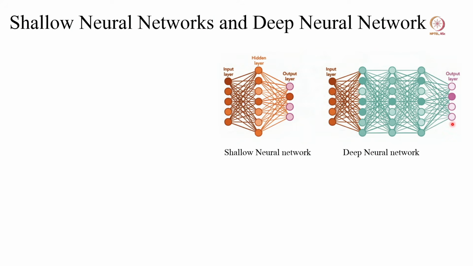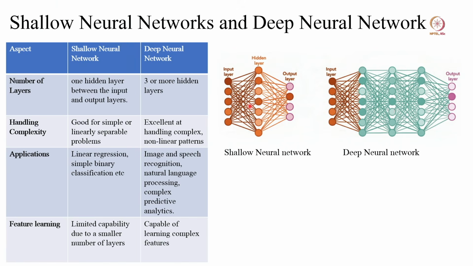From the picture itself we can say that this network is very deep because it has multiple hidden layers, 3 or more usually, and we will just have a quick look into what is the difference in these two models in terms of handling problem complexity, the different applications, and feature learning in an algorithm.